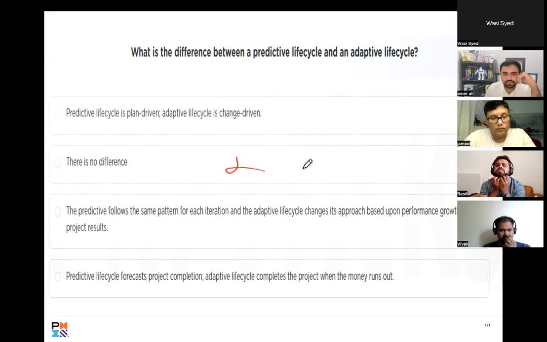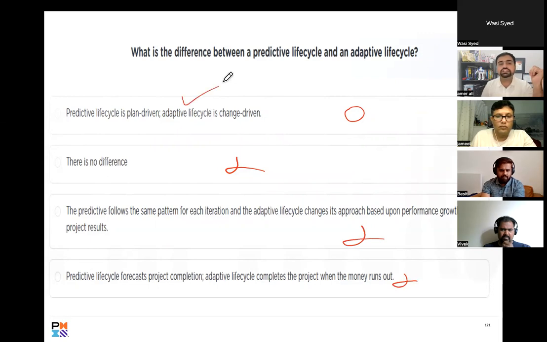The third one also doesn't look right, because predictive follows the same pattern for each iteration, and the adaptive life cycle changes its approach based upon the performance growth of the project results. Answers 3 and 4 look like just distractions, so they cannot be the right answers. I think answer number 1 is the right one.